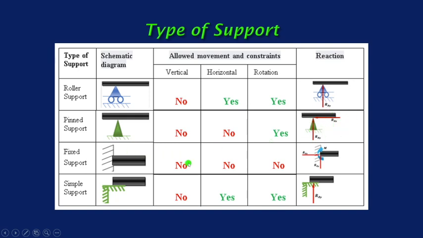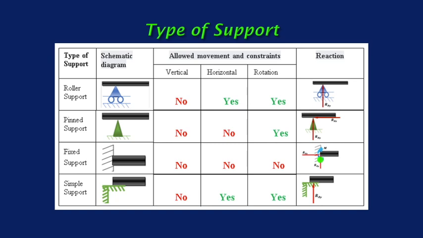In the fixed support, the translational motion, vertical and horizontal, is restricted, and no rotation is possible either, as it is fixed at that end. So, in addition to the two components of reaction force, Rax and Ray, a moment is also there that is developing at the fixed joint.